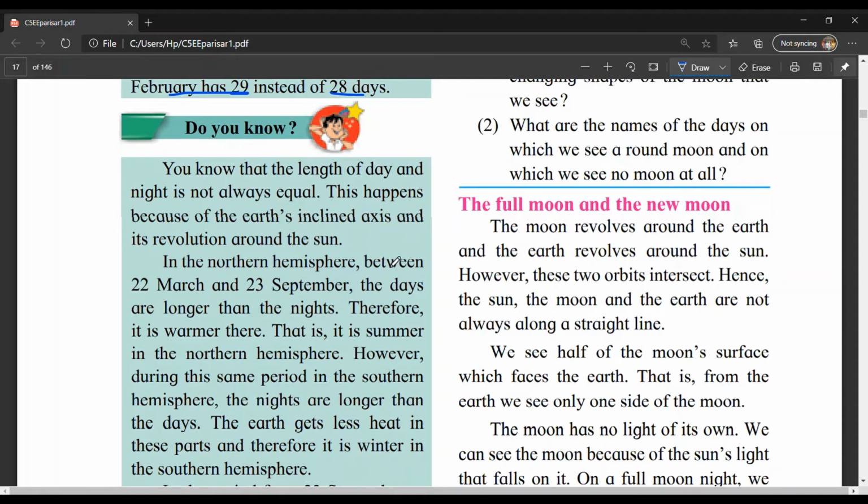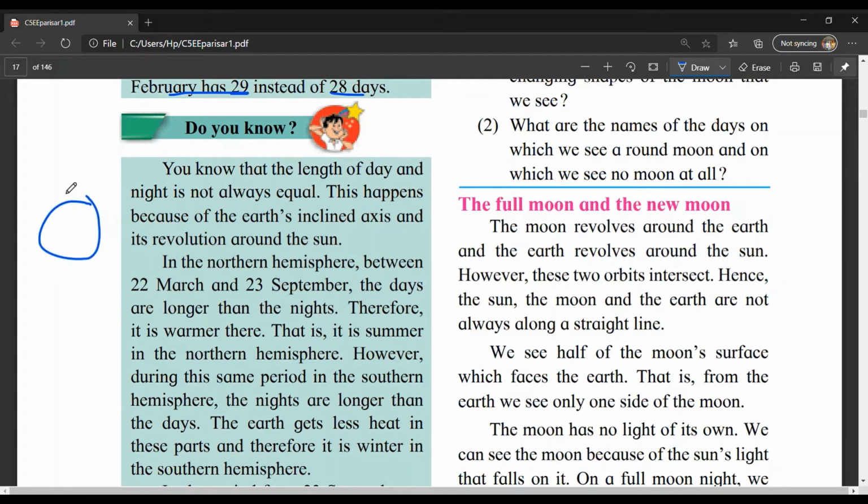See, I told you the earth is inclined, that is, it is tilted and it makes an angle with the axis. Okay, this is the axis and it makes an angle. So in the northern hemisphere, between 22 March to 23 September, that is between this period, the days are longer.